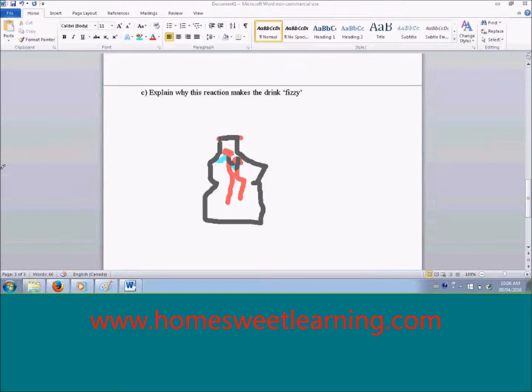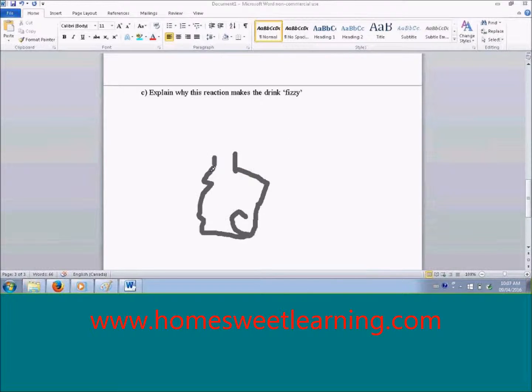This causes a buildup of pressure up here, near the cap, because the gases want to flow out. They weigh a lot less than water. So when you open the bottle, the liquid is going to stay there.